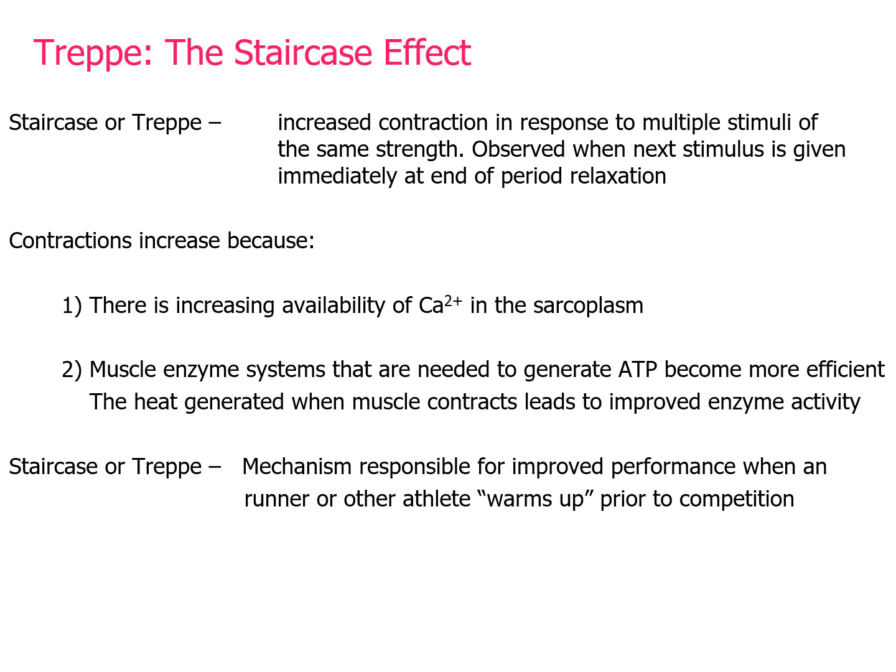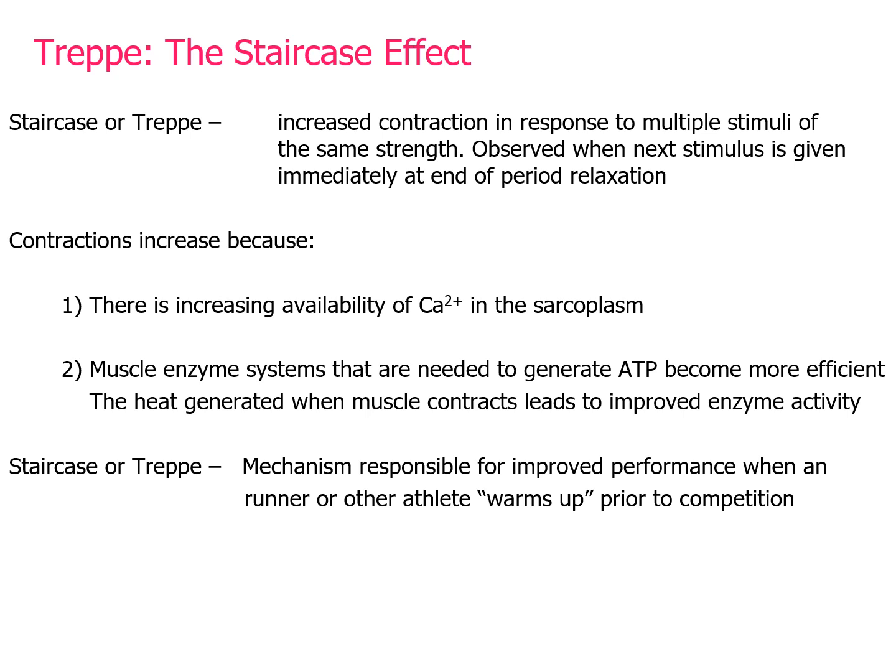So the muscle gets completely relaxed, and then the stimulus is given. And what you get is an increase in the strength of contraction. There's more tension or force generated, and it is because of two reasons. One is there's an increased availability of calcium in the sarcoplasm, because not all of the calcium had enough time, even though the muscle was completely relaxed, to be pumped back into the sarcoplasmic reticulum.